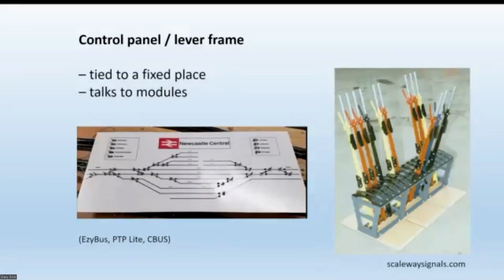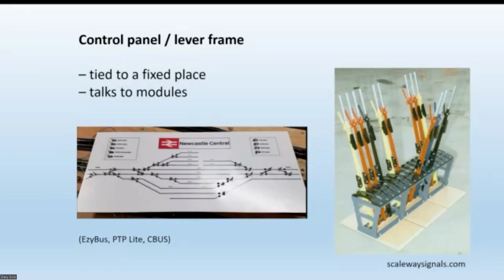Now, other people like to operate their layout either from a control panel that you see there, or from a lever frame. So what you need to do is be able to wire these switches, or these levers with micro switches, somehow into a module, because you're tied to a fixed place.